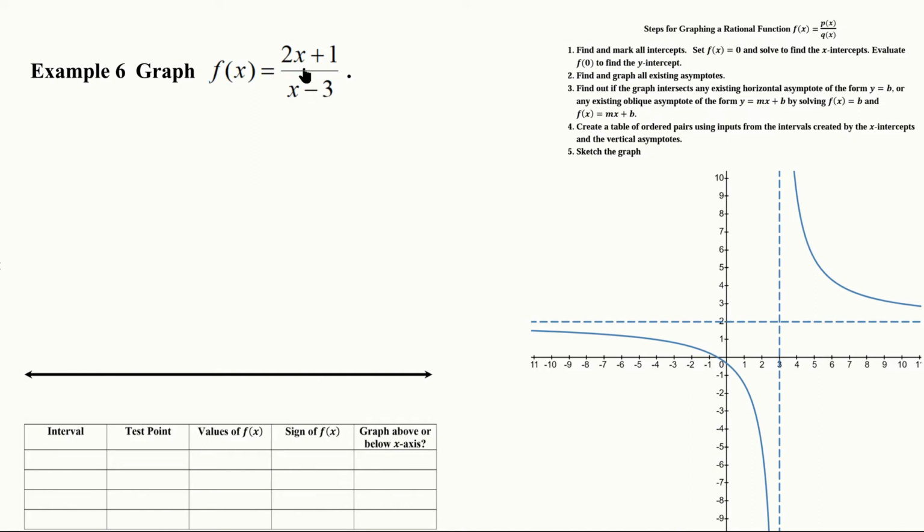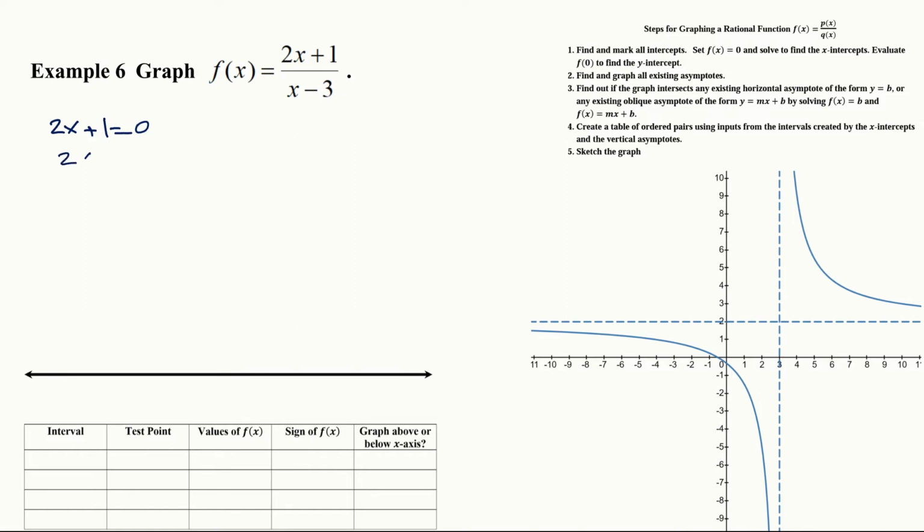So be very careful to always check that the value that makes the numerator 0 doesn't also make the denominator 0, because otherwise that would be a point of undefinedness and it would not be an x-intercept. That basically just means the function could have been reduced but wasn't. So always keep that in mind. Let's put 2x plus 1 equal to 0.